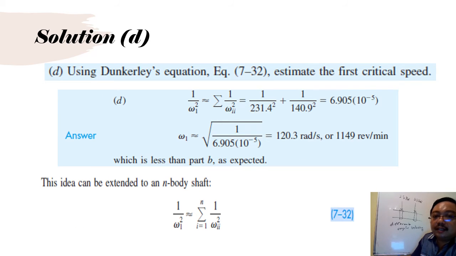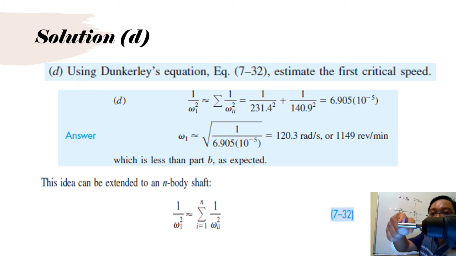Using the Dunkerley equation, estimate the first critical velocity. That may remind you what the Dunkerley equation is. It states that if you give the load here, it gives the same deflection here. Let me represent it with my screwdriver.